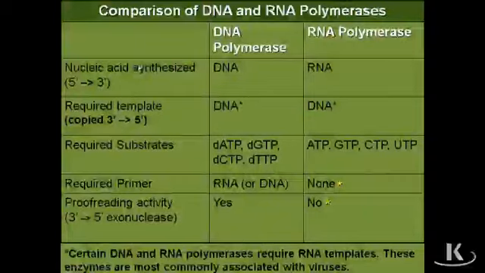I think you figured that one out already. What's the required template? Well, for DNA polymerase and RNA polymerase, it's usually DNA. Remember, the template is going to be copied or read from 3 prime to 5 prime. It's going to be synthesized, the new copy, from 5 prime to 3 prime.